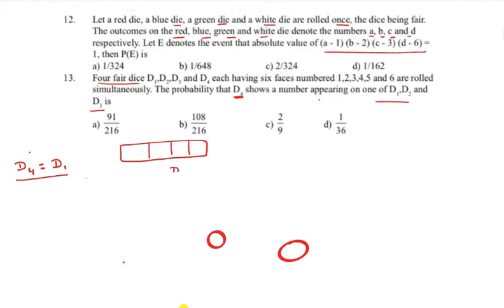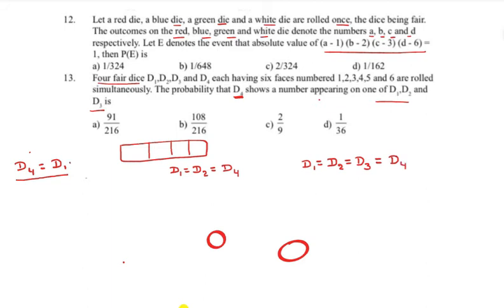Next, suppose D1 is showing same as D2, and is the same as D4 also, that is another possible case. The next possible case is D1 whatever it is showing, D2 also the same number, D3 also showing the same number, and D4 also showing the same number.